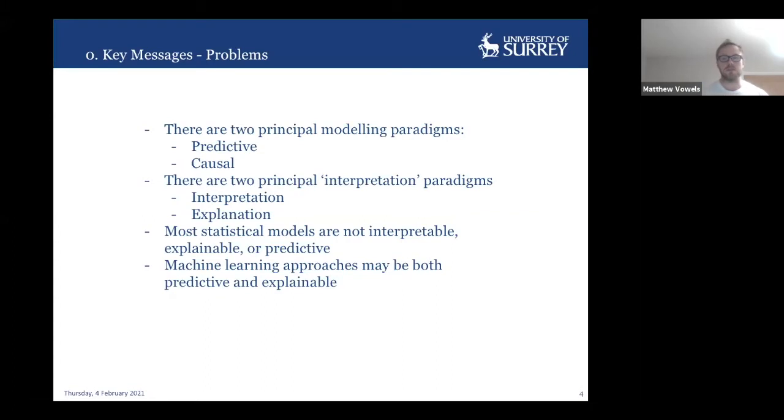So I'll lump that all in with predictive modeling. It's about associations primarily. And then we have causal modeling, which is more to do with fundamentally the holy grail of science, which is to understand the phenomenon, understand the mechanisms that generated the data which we observe.